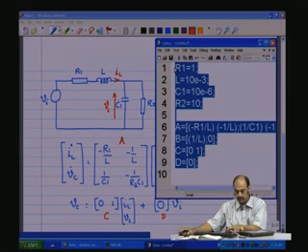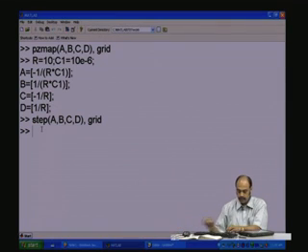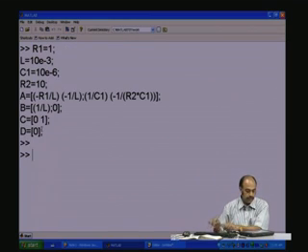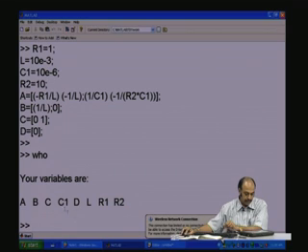and let us take this model, copy that model, go into MATLAB, let us clear all variables, let us clear the screen, paste this fresh model, and you have it. Just to check, we have A, B, C, D, we have the C1 parameter, L, R1, R2.